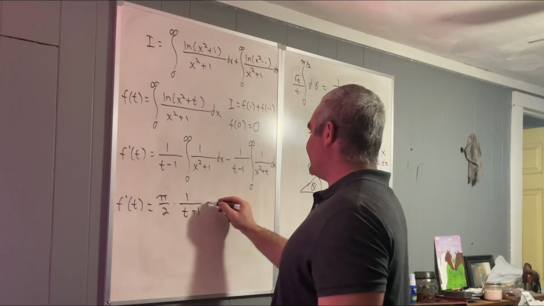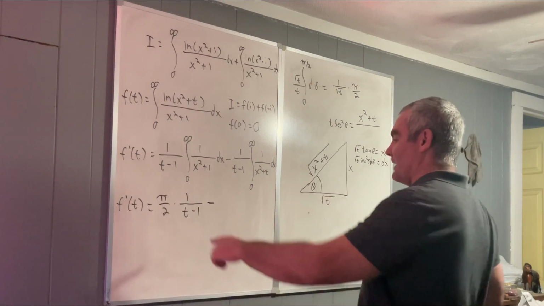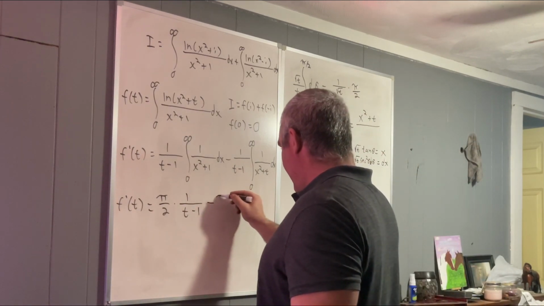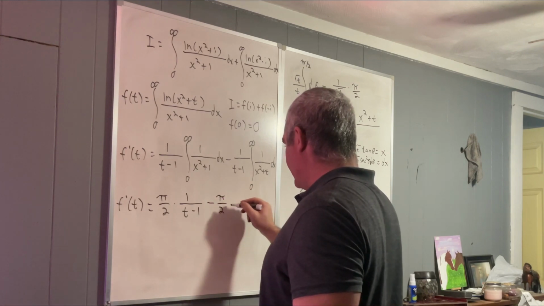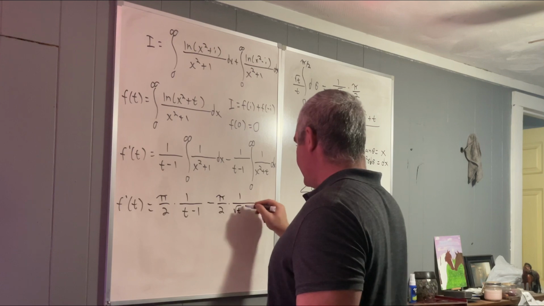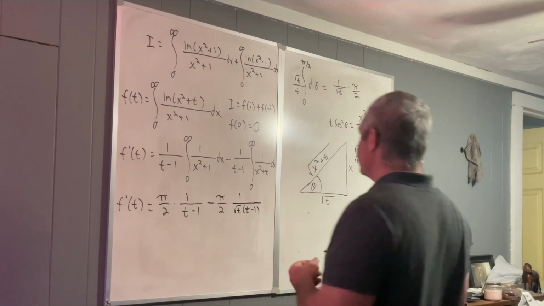This is going to be negative, let's see, it's going to be the exact same thing as this, except we have a square root of t. That's going to be equal to pi over 2 times 1 over square root of t times t minus 1. Yeah, right?